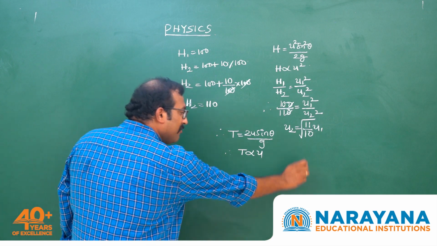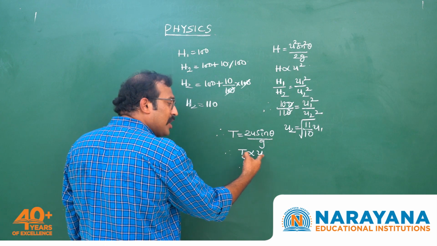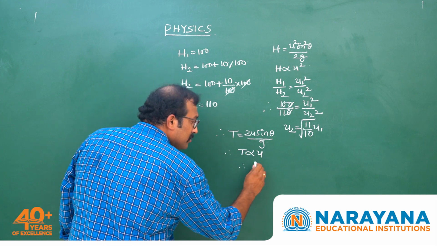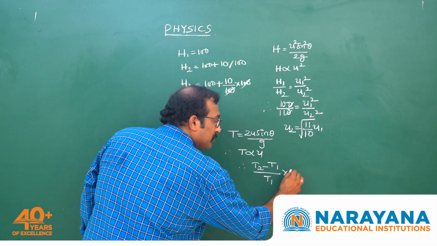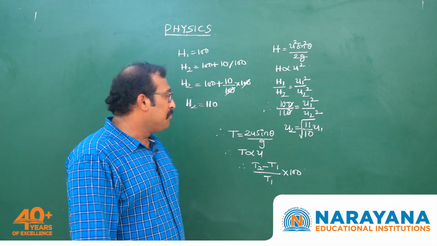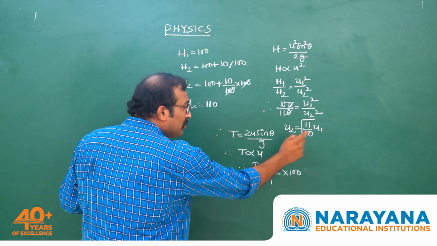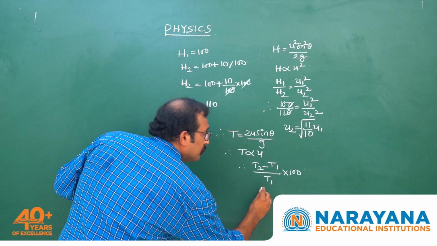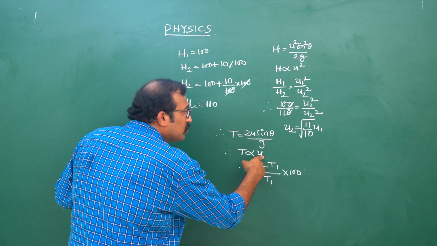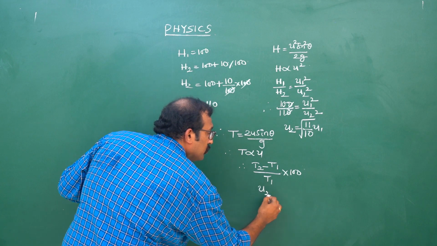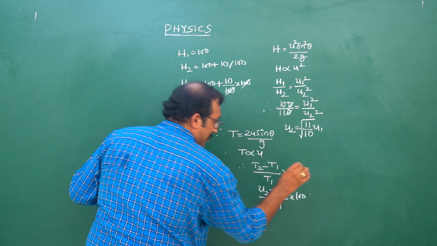Therefore, I can write the percentage change in the time due to the percentage change in the initial velocity as t2 minus t1 by t1 into 100, which depends on u proportionally, so u2 minus u1 by u1 into 100.